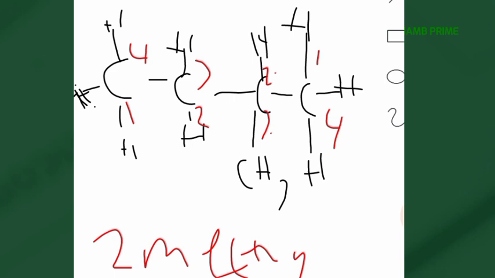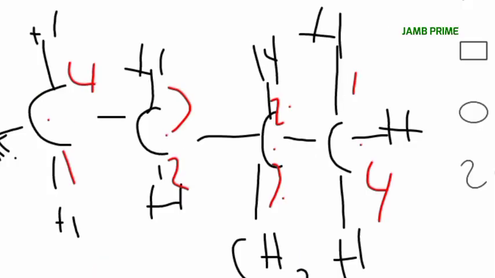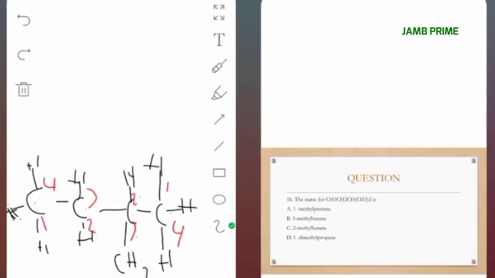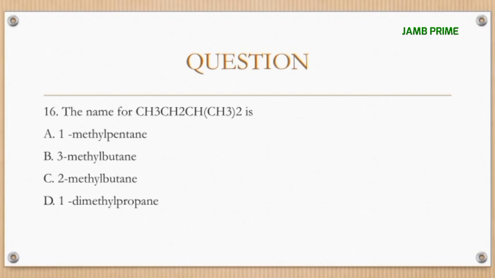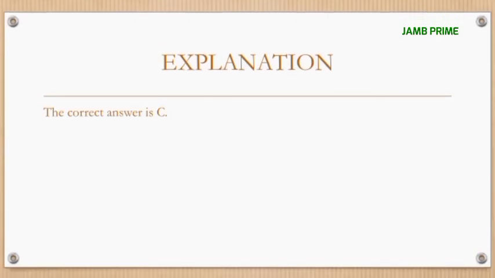And if you calculate the longest chain here, which is butane, it will be 2 methyl butane. So that should be the answer, 2 methyl butane. So C is actually the answer, which is C. Yeah.